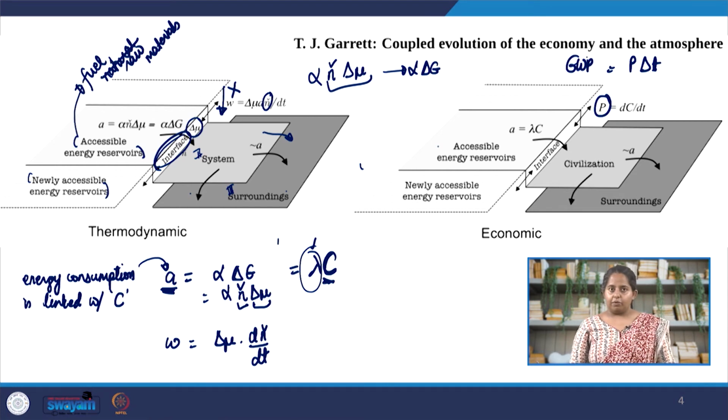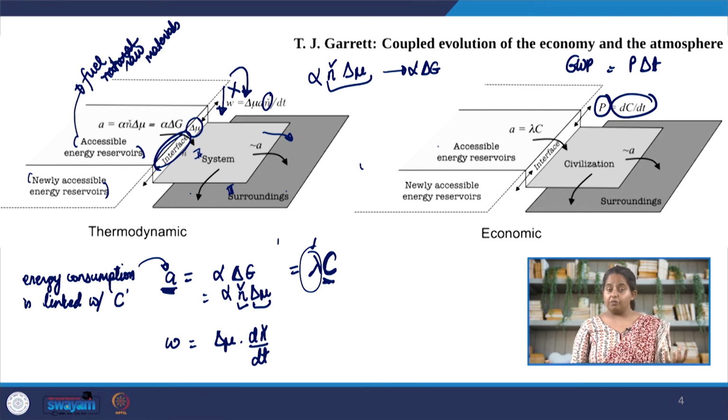GWP is gross world product, the amount of product that was produced by energy consumption, energy transfer in the given year. And the more production we do, the higher the P is, and the more the wealth increases.